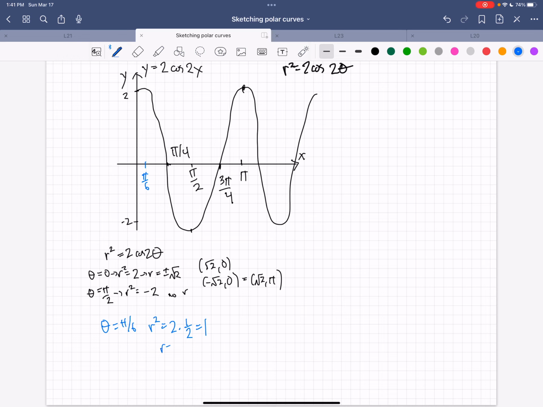That means r is equal to plus or minus 1 at theta equal to pi over 6. So we get the points (1, pi over 6) and (-1, pi over 6), which is equivalent to (1, 7 pi over 6).